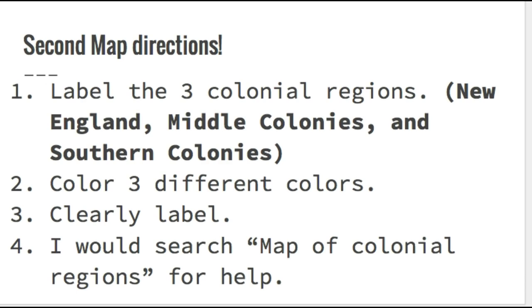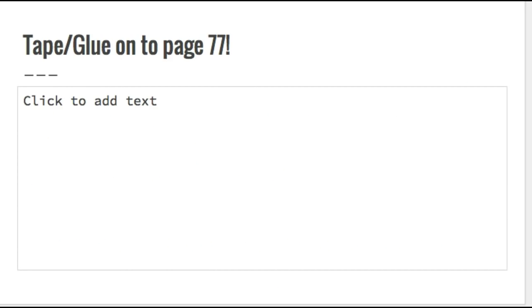You are going to label the New England region, the Middle Colonies region, and the Southern Colonies region. Each region is a different color, so pick 3 different colors. You need to clearly label which is which. And to help you out, I would just search map of colonial regions, and it will kind of help you figure out which states are in which region. All right, and that, when you are done, gets taped or glued to page 77.